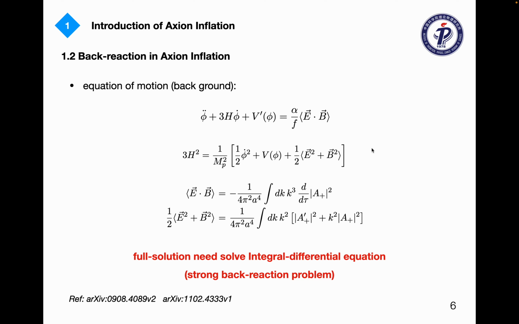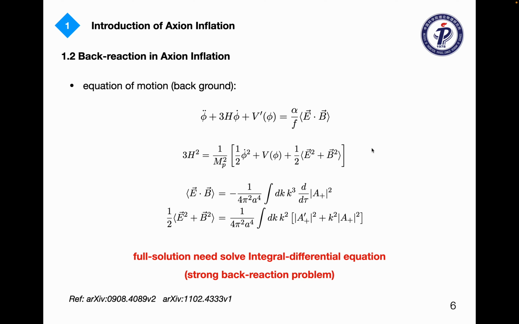And we'll note those averages are an integral. So this system is in fact an integral differential equation system. To solve it, it generally requires some special techniques, especially since, as I just introduced, the gauge field production is related to the velocity of the axion field.